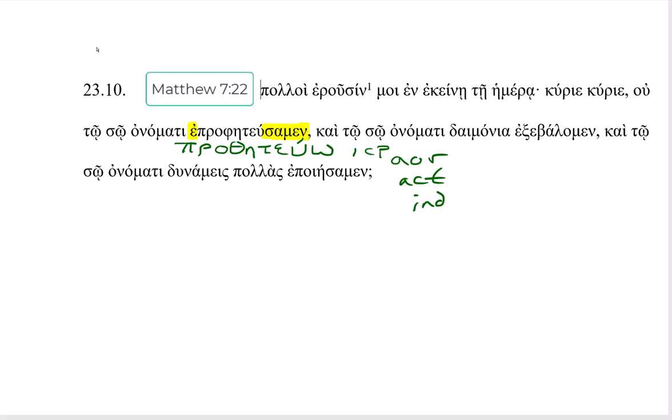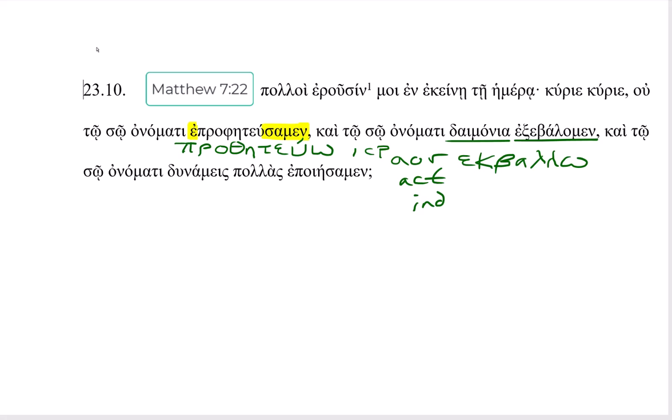Kai to so onomati, so and in your name. Daimonia, so this is an accusative. And then we have an aorist verb here, exebalomen. This is a nice second aorist verb, ballo. So the stem changes, and it's actually ekballo.